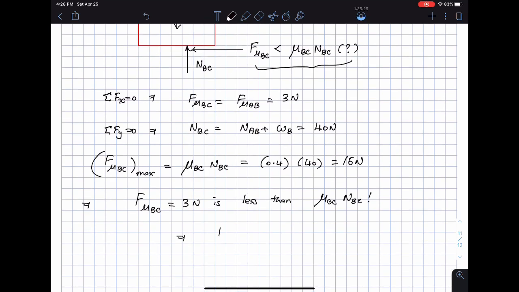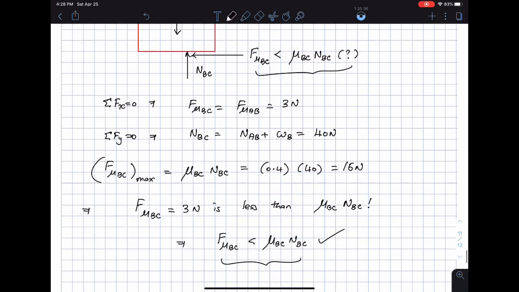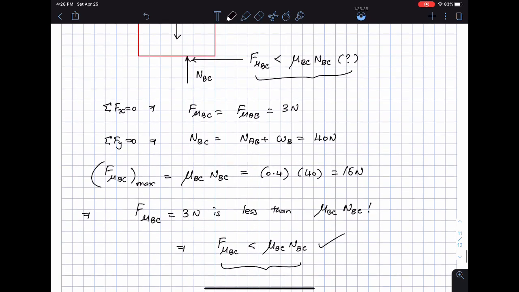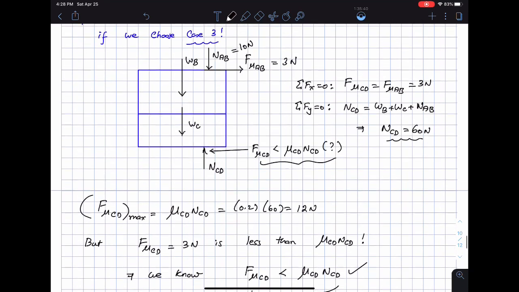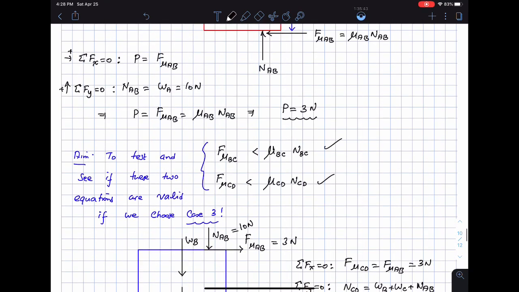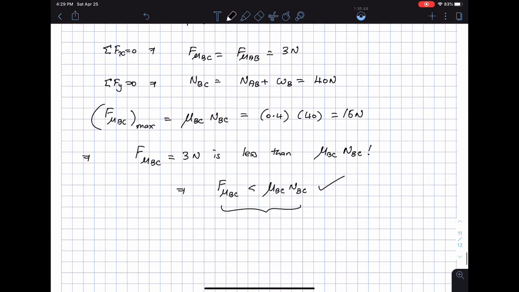So that inequality is also satisfied, which means that we chose our case very judiciously. Since this inequality is also satisfied, the minimum value of the force P is going to be 3 newtons, and case 3 is the winner here.